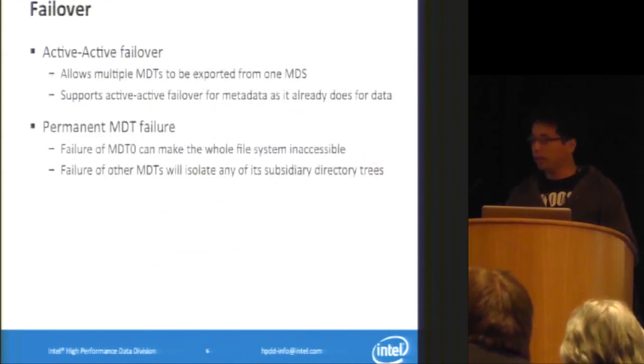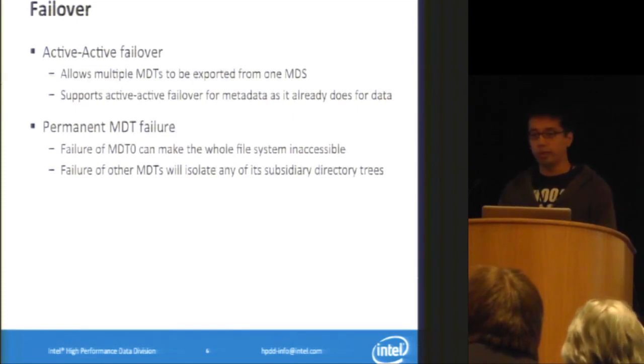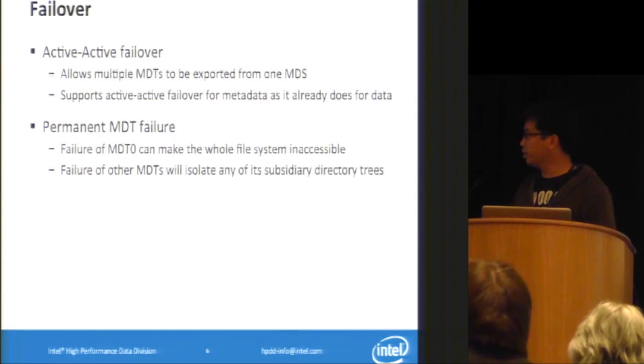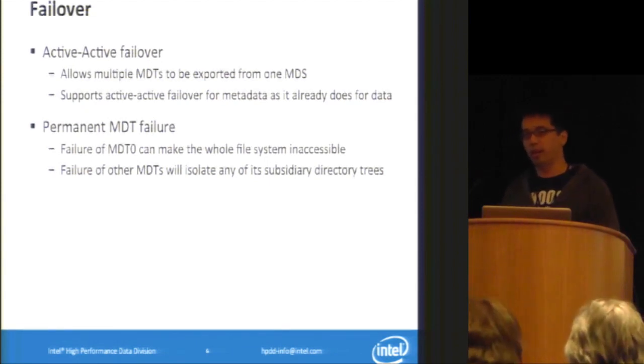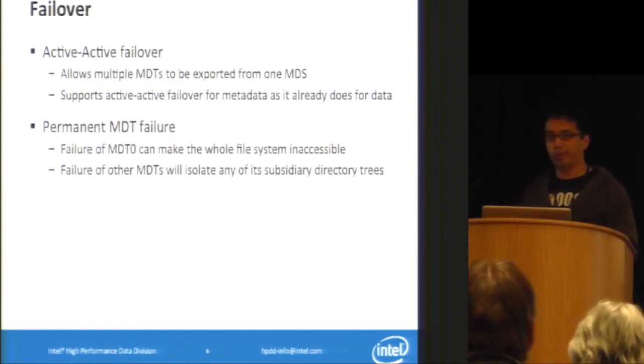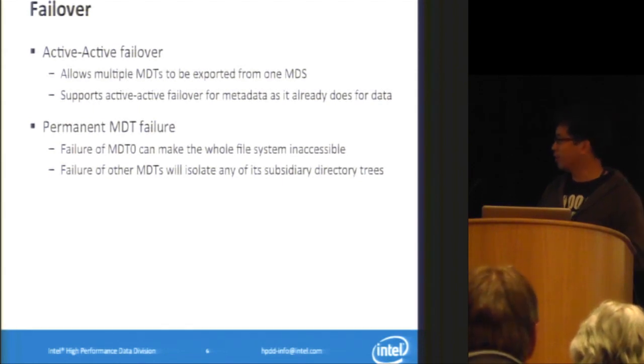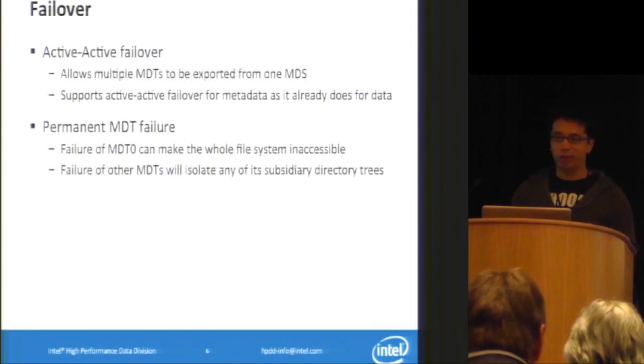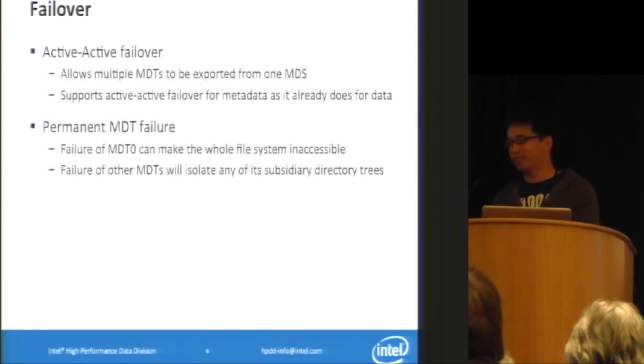And since there are multiple MDTs, you can export them from one MDS as well. With this, you can do active failover as we do for the OSS. But although we have multiple MDTs, there's still a single point of failure in the whole file system.